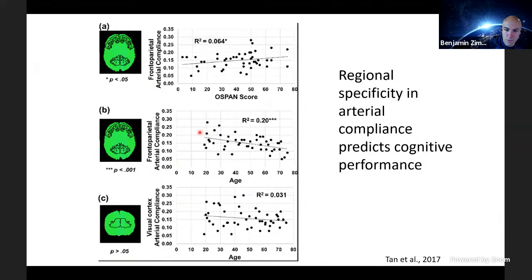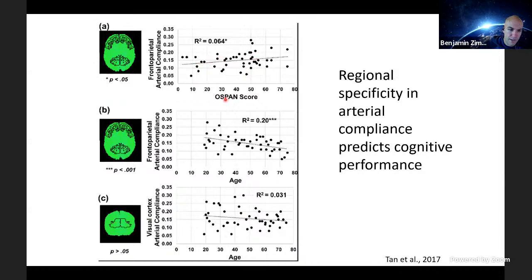We also see more decline in arterial compliance with age. And the arterial compliance here also predicts a cognitive task. So that's what we're going back up here to A, the same regions, but it predicts a task that is thought to be functionally associated with these frontoparietal areas.